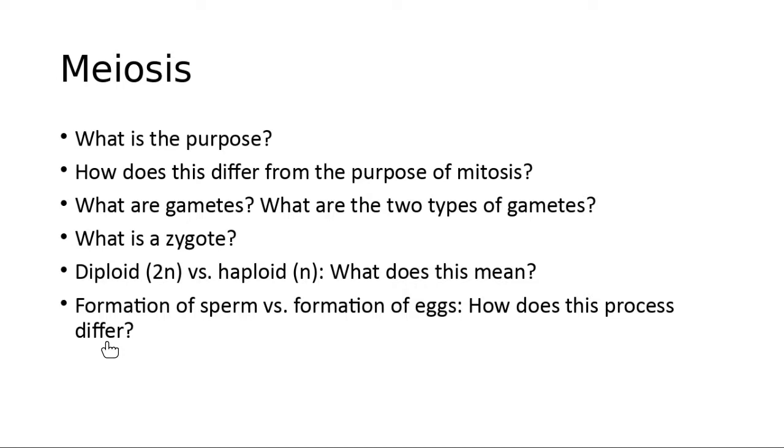But what I'm referring to here is how with the sperm, we undergo meiosis and we're going to produce 4 sperm at the end, and they're all going to be equal. When we form the eggs, something weird happens and we only end up with 1 at the very end.